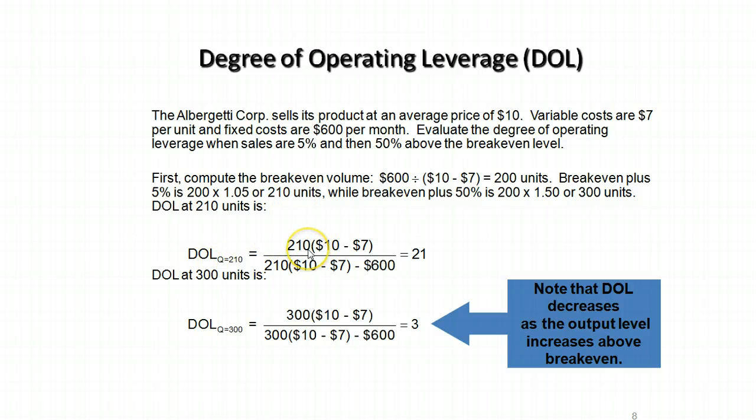So 210 units gives us a degree of operating leverage of 21. At 50%, it's 300 units. That gives us a degree of operating leverage of 3.